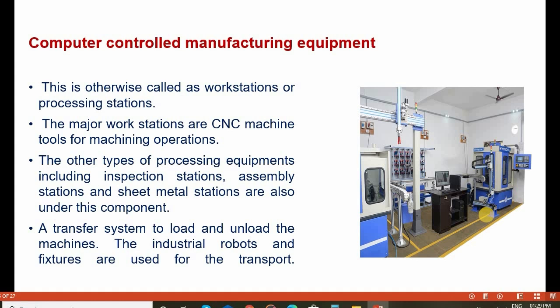A transfer system is used to load and unload the machines. The industrial robots and fixtures are also used to transport the machines and various products in the manufacturing system.